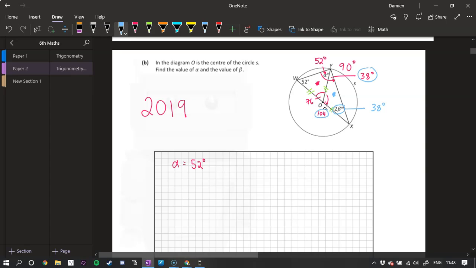So over here, we can write down that 2 beta, or 2b, is equal to 38 degrees. And again, look at the question. The question is asking us to find the value of b, not 2b. So b, or beta, is equal to 38 divided by 2. So beta is equal to 19 degrees.